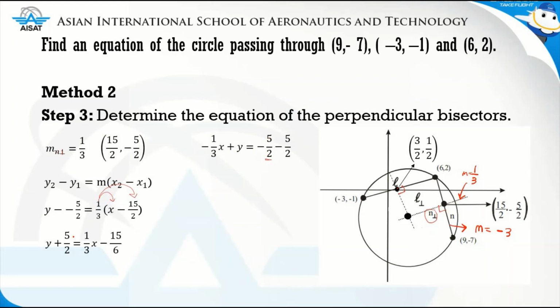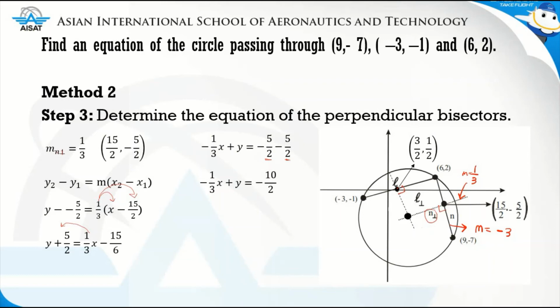And this 5 over 2 on the left will be transposed to the right, so that becomes negative 5 over 2. In the same way, the 1/3 x will be transposed to the left-hand side, so it becomes negative 1/3 x. So what we have here is negative 1/3 x plus y is equal to negative 5 over 2 minus 5 over 2. Adding the constants, we will have negative 10 over 2.